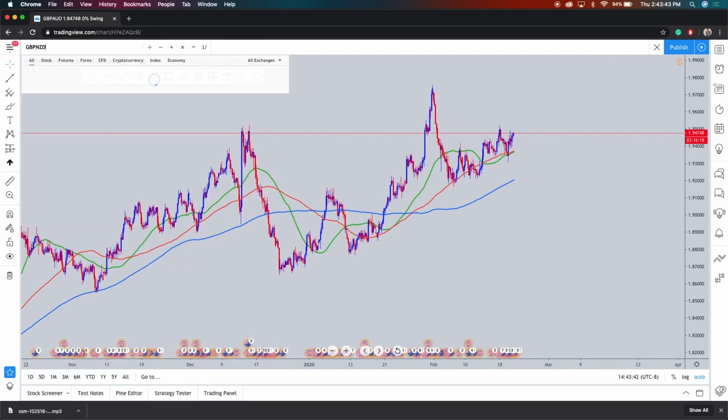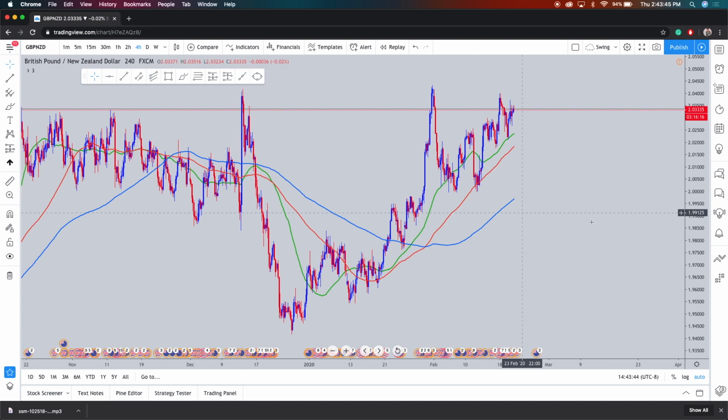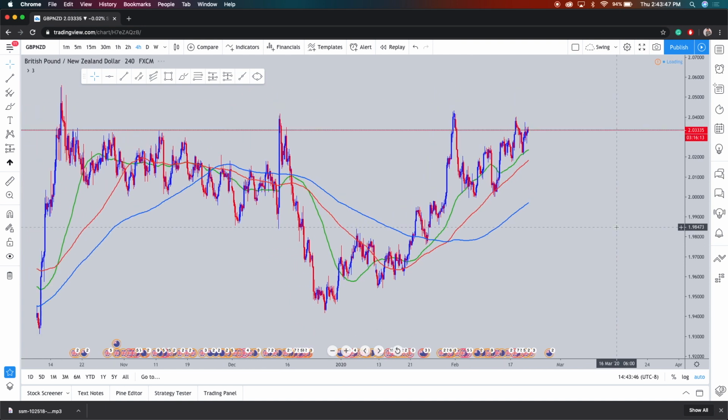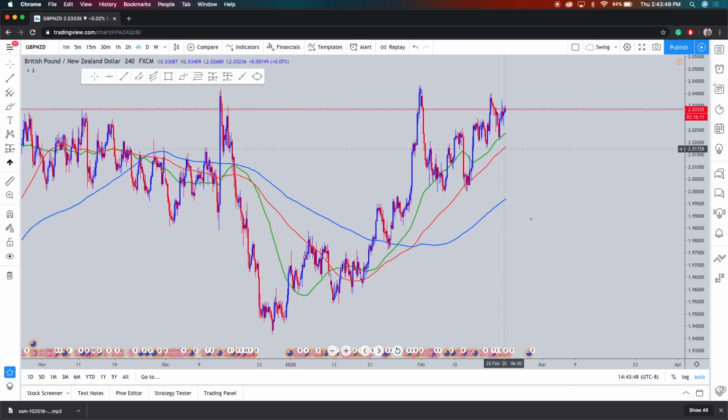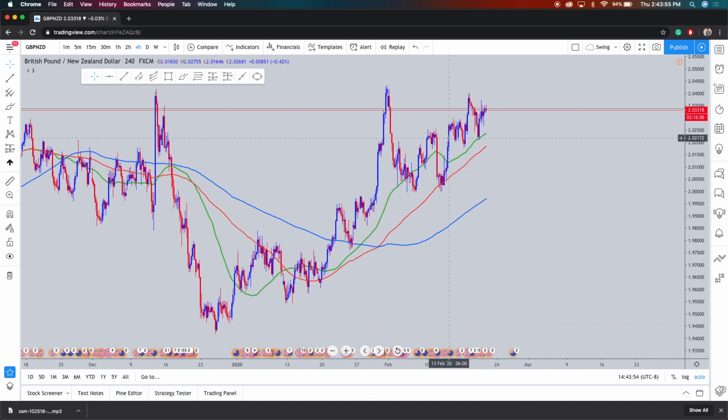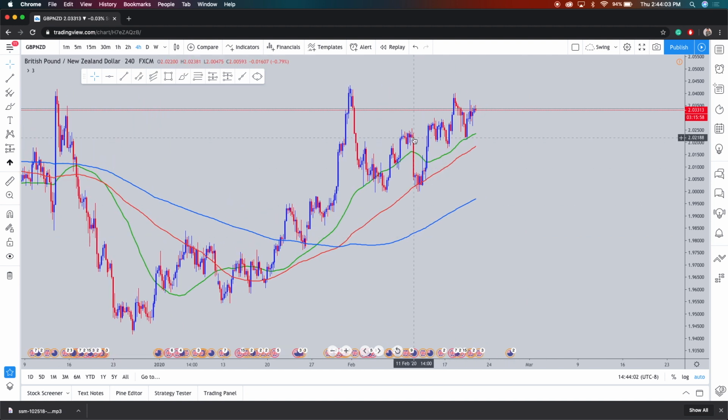So let's do that. So here for GN, we've seen a lot of weakness due to the virus. We did see the central bank for New Zealand held rates, and we saw a nice little spike up for the New Zealand dollar, because that's obviously perceived as good.